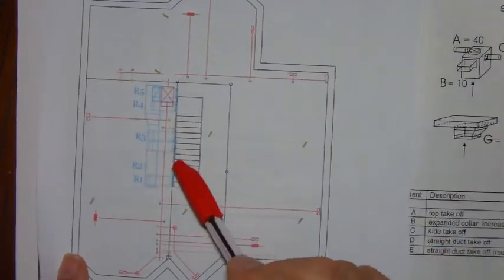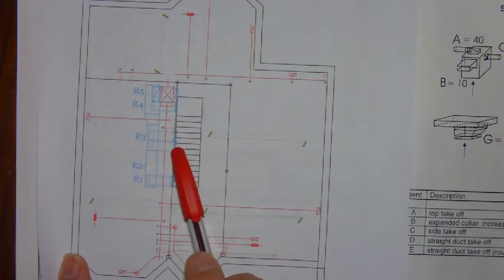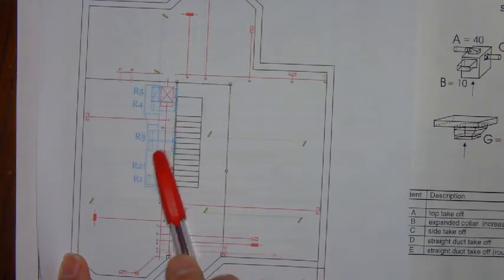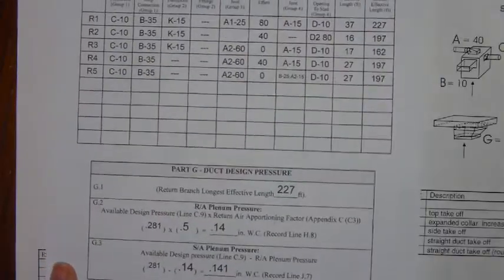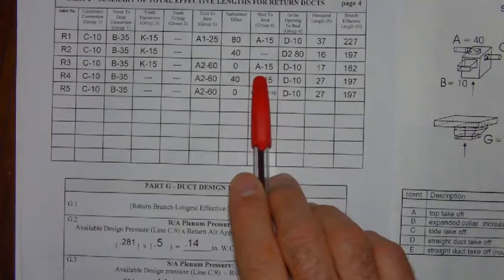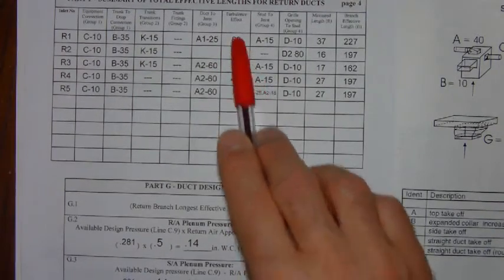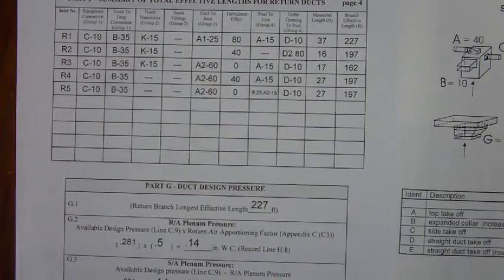As well, because the return air originates on the first floor, there will be only one turn from the stud into the joist. And so therefore, we would have a single A fitting with the equivalent length of 15. The next is the turbulence.